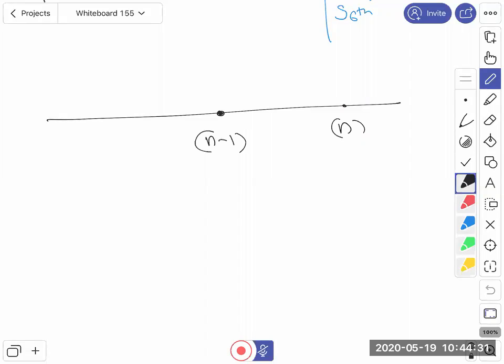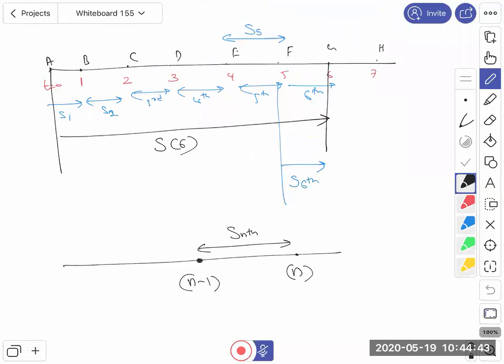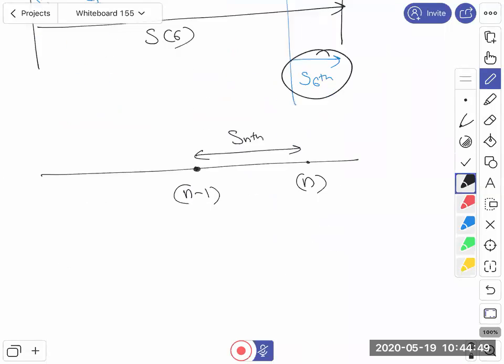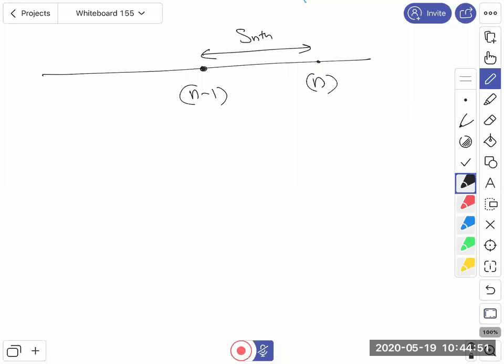So the distance traveled from n minus 1 to n is known as displacement in the nth second. Is it clear? Because displacement in the 6th second means displacement from 5 to 6. So 6 minus 1, 5, 5 to 6. So displacement in the nth second means displacement from n minus 1 second to n second. Is it clear?